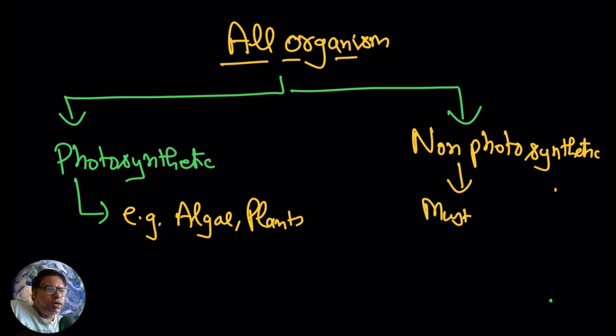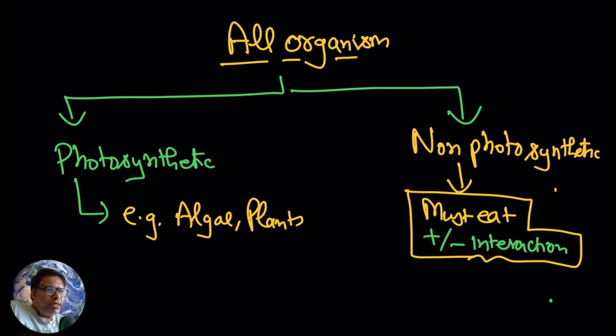Non-photosynthetic organisms, and here what you are going to see is competition among non-photosynthetic organisms. So most of these organisms, when they are staying together, you are going to see positive negative interaction for their survival. Yes, in plants also you are going to have some kind of competition, but in non-photosynthetic organism, the necessary condition is that they must eat other organisms for their survival.